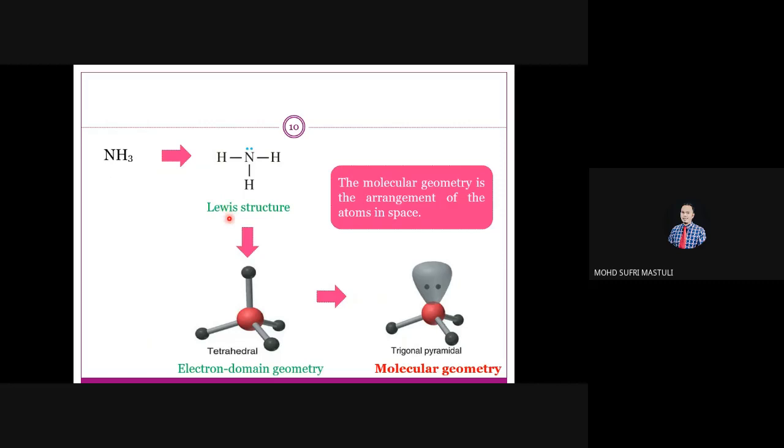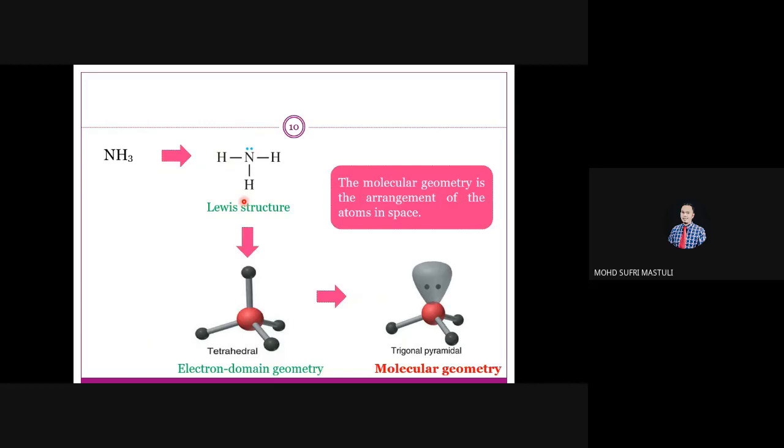From the Lewis structure, we can tell what the electron domain is because we can count the bonding pairs. For ammonia, they have 3 bonding pairs, 1, 2, 3, plus 1 lone pair. So for ammonia, the electron domain is 3 plus 1 equals 4.